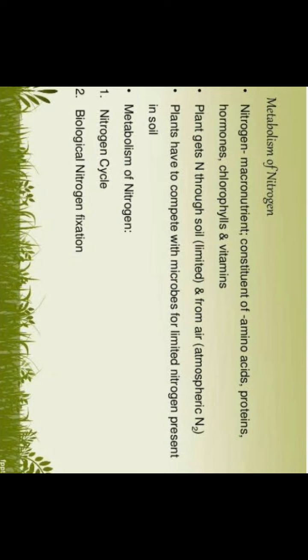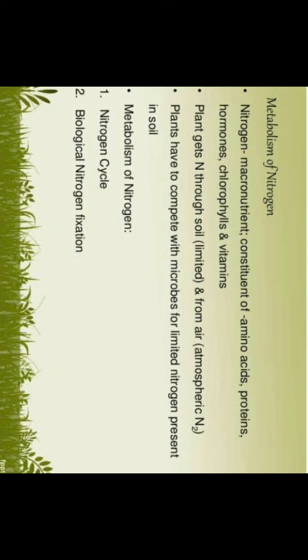First, let us talk about nitrogen as a macronutrient. This is the essential nutrient element required by plants in the greatest amount. It is absorbed mainly as NO3 minus, though some is also taken up as NO2 minus or NH4 plus.